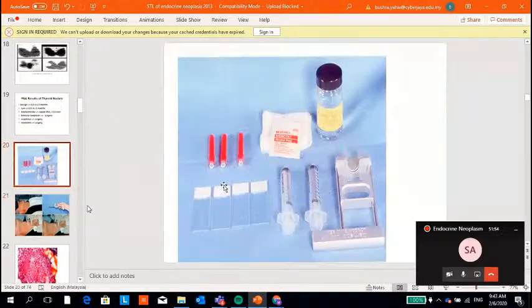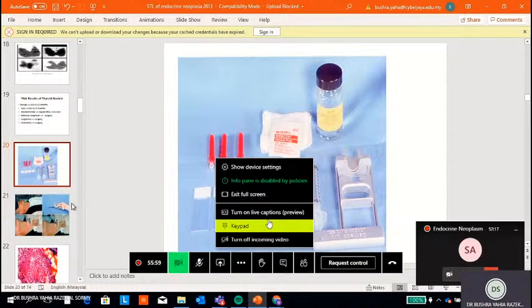This one, you know that this is the FNAC, fine needle aspiration cytology. Usually we use a normal syringe, and we put the needle there, and we fix it with the plunger, and when we take the cells, we spread them onto the slide.